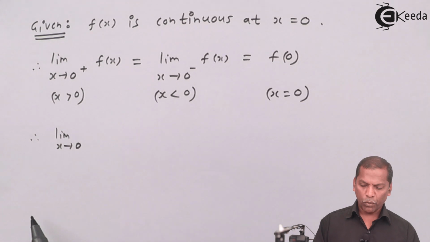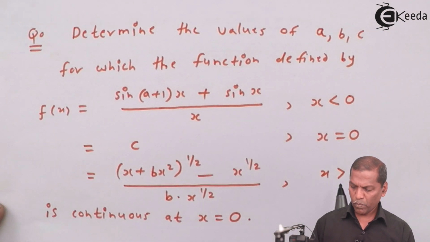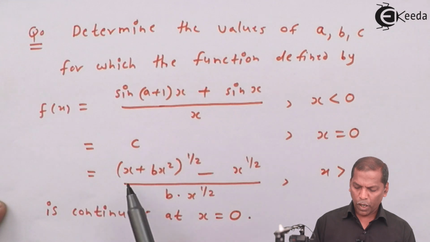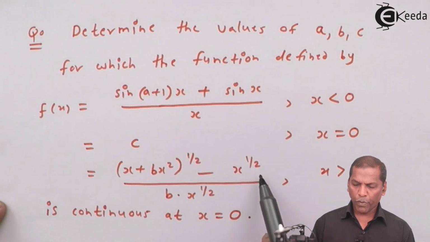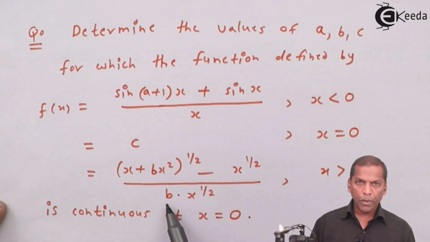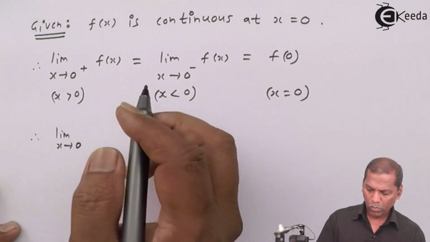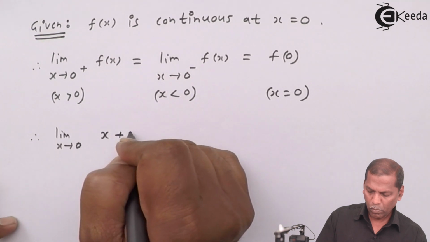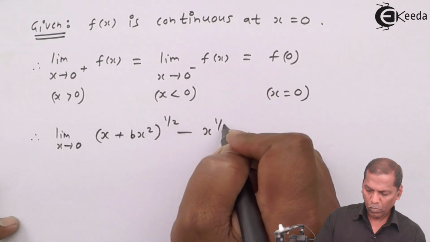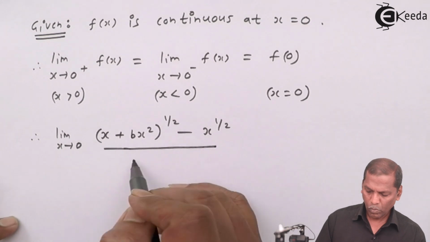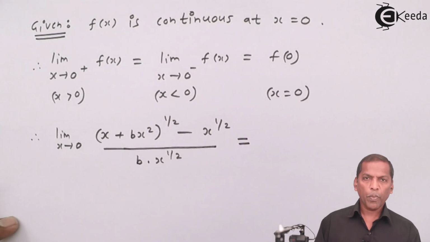Therefore, limit x tends to 0. Now, x greater than 0, we must have f of x is equal to (x plus bx square) whole bracket raised 1 by 2 then minus x raised 1 by 2, whole thing divided by b into x raised 1 by 2, that equal to.